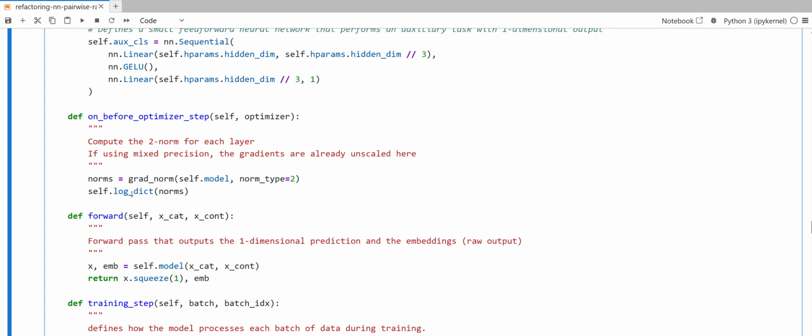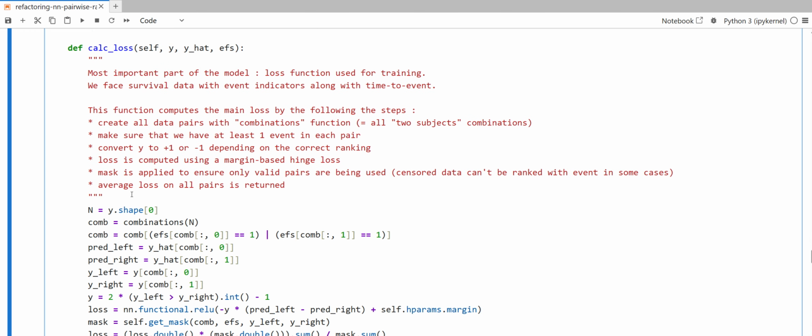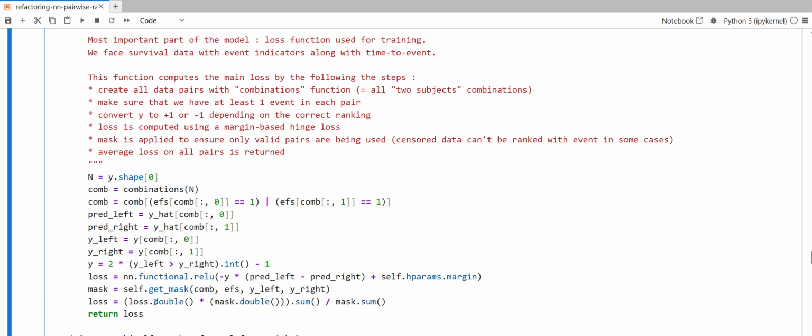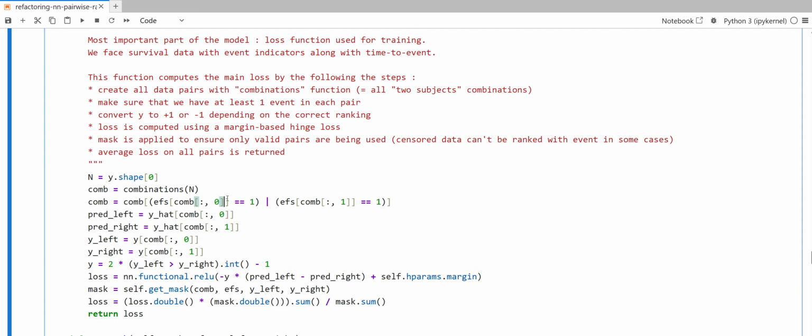Let's zero in on the calc loss function inside LitNN. This is where the pairwise ranking magic happens. 1. Combinations. First, it generates all possible pairs of data points. 2. Filtering. Then, it keeps only the pairs where at least one person experienced the event, like, sadly, death. 3. Y. It creates this target variable y.